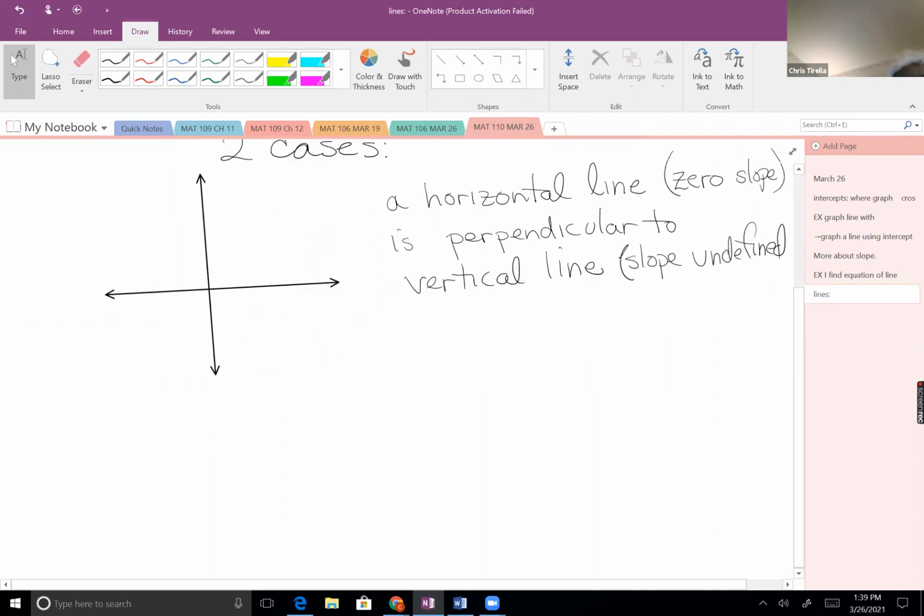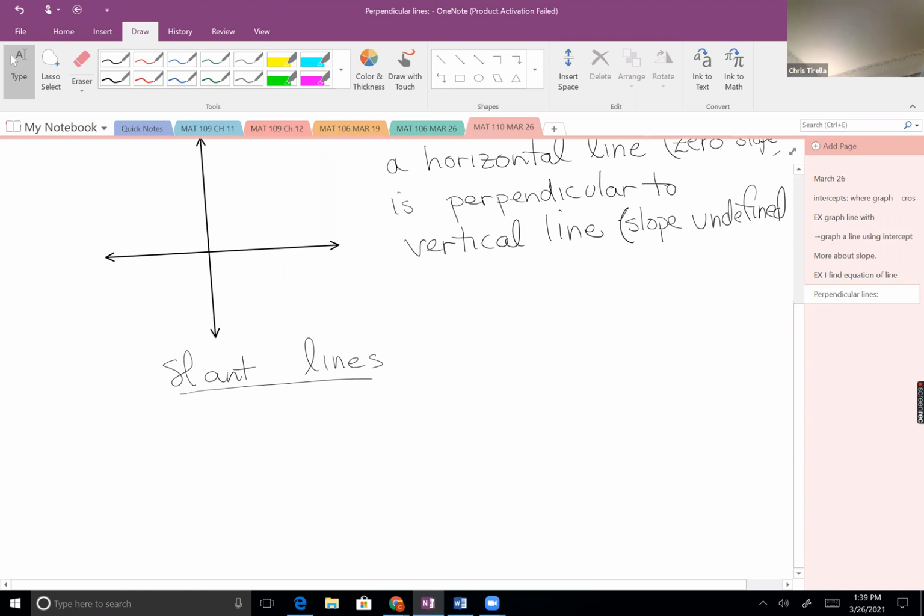The second case deals with slant lines. To look at that relationship with slant lines, I want to draw a few. I'm going to draw one where my first line is really steep and it's going uphill. Would the perpendicular line be not very steep at all and going downhill?